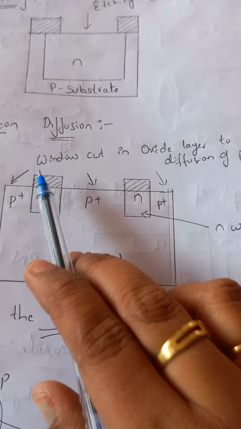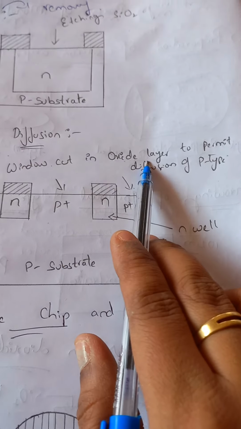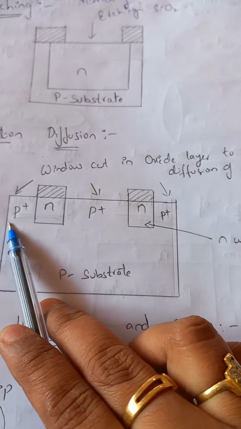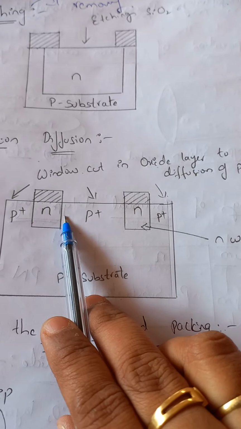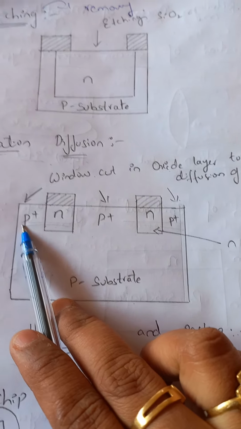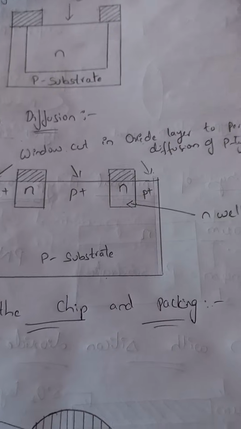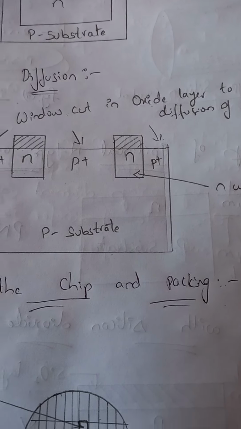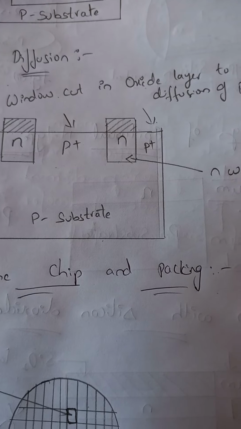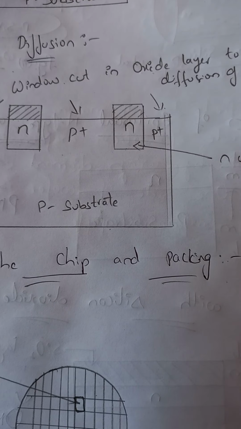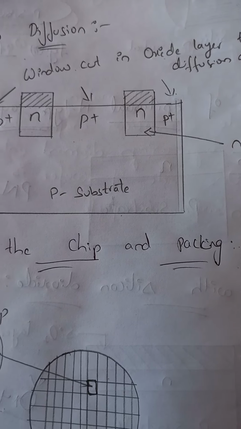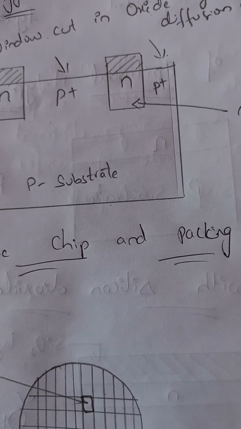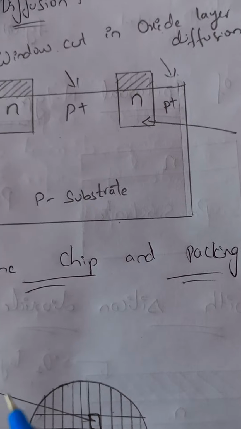This part has been window cut into the oxide layer, permitting the p-type to diffuse. So there is an N well, and beside it the P plus ions, giving a combination of PN. A p-type will be diffused through the epitaxial n-type layer, and this makes NP and PN diodes.